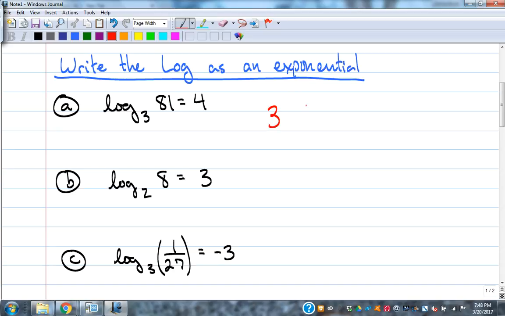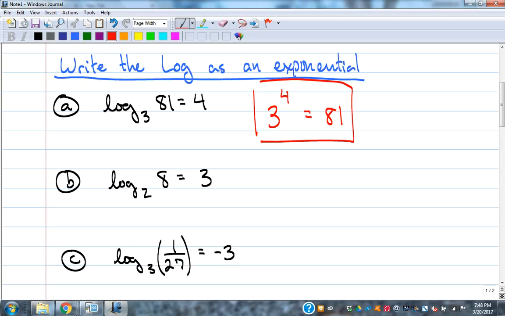So this will be 3 to the 4th power is equal to 81. We're just rewriting it. We're not really doing any calculations right now. The base of the log is the base of the exponential. What the log is equal to is the exponent.